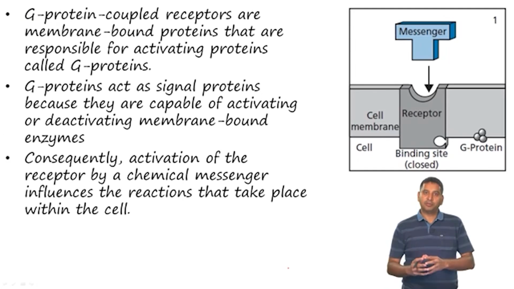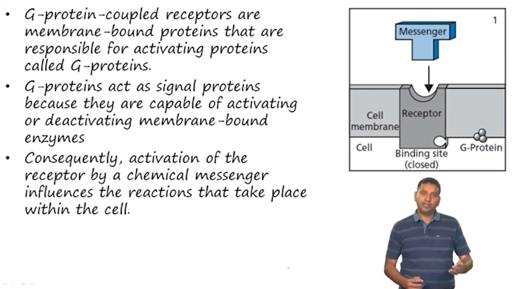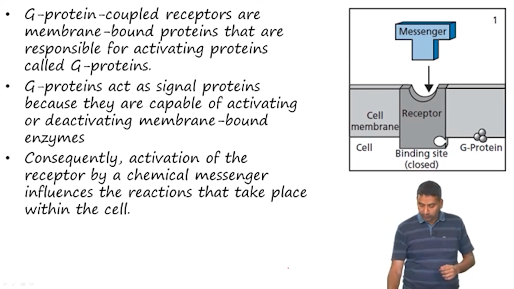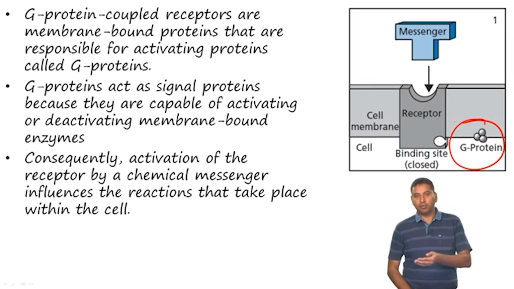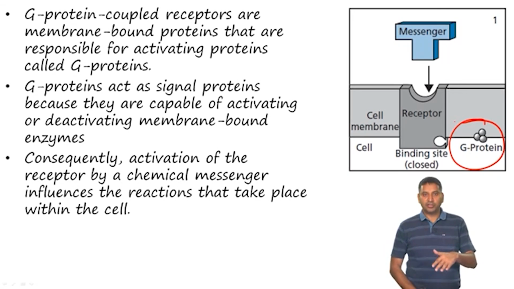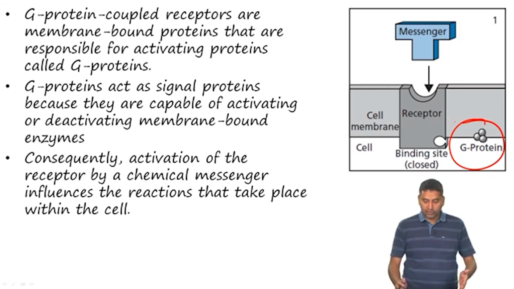G protein coupled receptors are membrane bound proteins that are responsible for activating proteins known as G proteins. G proteins act as signal proteins and they are capable of activating or deactivating membrane bound enzymes. Consequently, the activation of the receptor by a chemical messenger influences the reactions that take place within the cell.